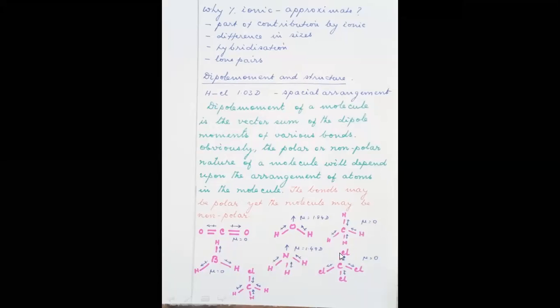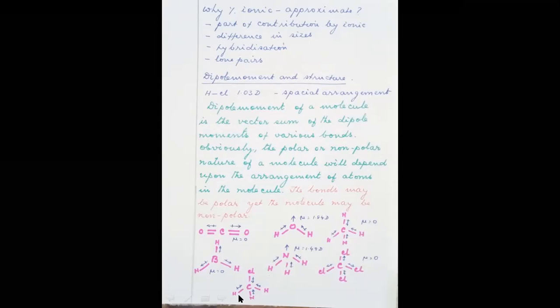If you take methane, methane is tetrahedral in shape and the electronegativity of carbon is higher than hydrogen. So the four vectors are oriented in four directions. If you take carbon tetrachloride, it is also tetrahedral in shape, but the vectorial direction is changed because chlorine is more electronegative than carbon. Both methane and carbon tetrachloride have zero dipole moments because of the symmetry.